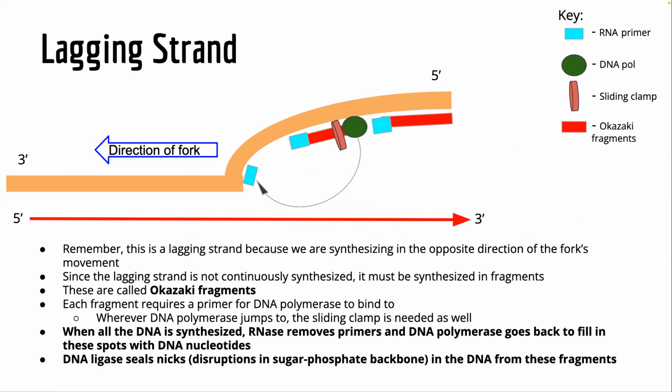The DNA polymerase won't just continuously synthesize the entire strand, because the fork is moving in one direction and the parent strand is not in the direction of synthesis. So just always remember that your lagging strand has those Okazaki fragments and it's not continuously synthesized throughout DNA synthesis.